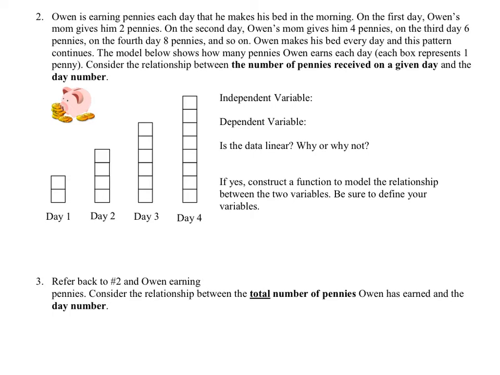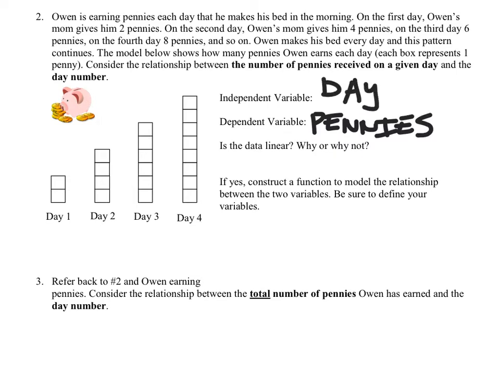So this one is not graphed for us, but it has given us a very nice model. And we should be able to identify the independent and dependent variables. It seems on this one that the number of pennies he receives will depend on the day. So the pennies depend, we'll put that in here, pennies will depend on the day.